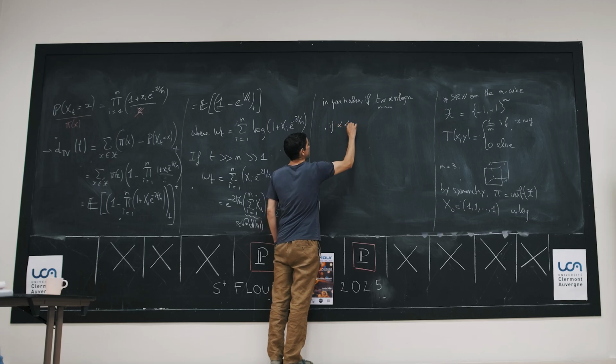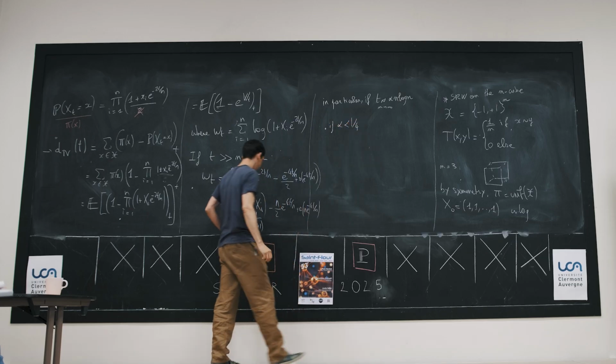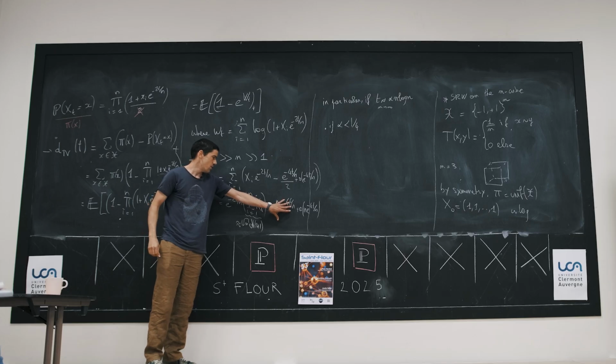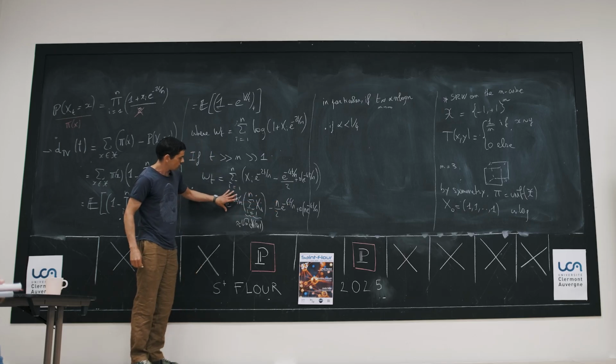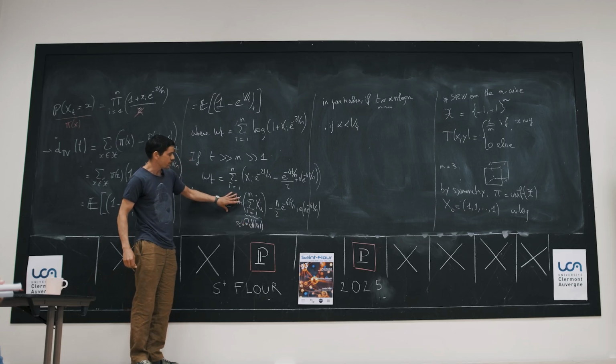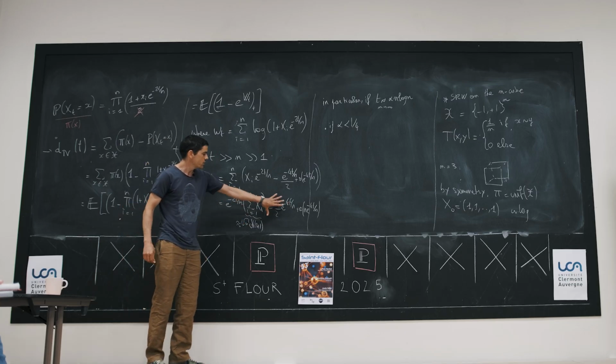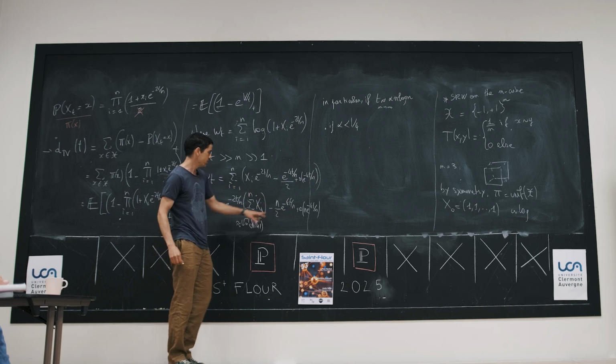So if alpha is less than 1/4, then this term here will tend to plus infinity. So this one as well, square root of n times this will tend to plus infinity, but this is much larger. It's the square of this one. So this one takes all of it, and you get minus infinity.